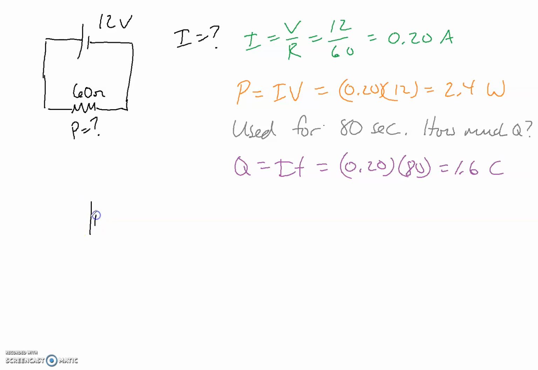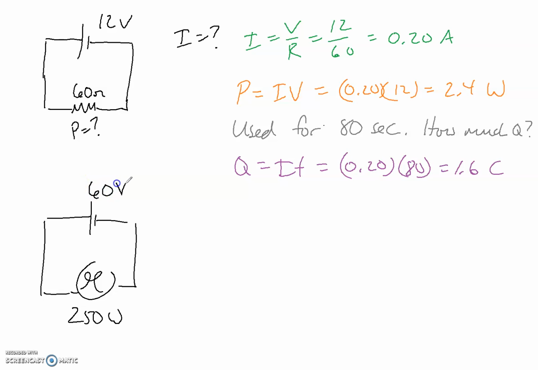Okay, let's try something else. Maybe we've got a power supply hooked up to something like that, often a symbol for a light bulb. Maybe you have a 250 watt light bulb and a 60 volt power supply, and I want to know the resistance of the light bulb.